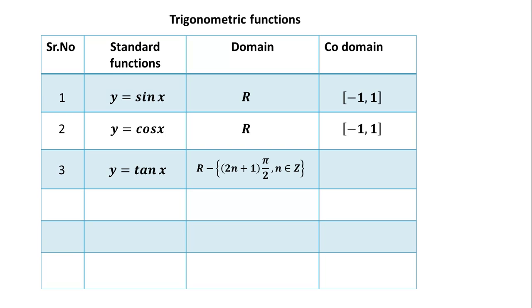2n+1 indicates an odd multiple of π/2. For example, 1 into π/2, 3 into π/2, because n belongs to Z. For 3π/2, tan x is infinity. For 5π/2, tan x is infinity. So remove all those points from the real line and consider the rest as the domain, and hence we get the tan ratio as a function.